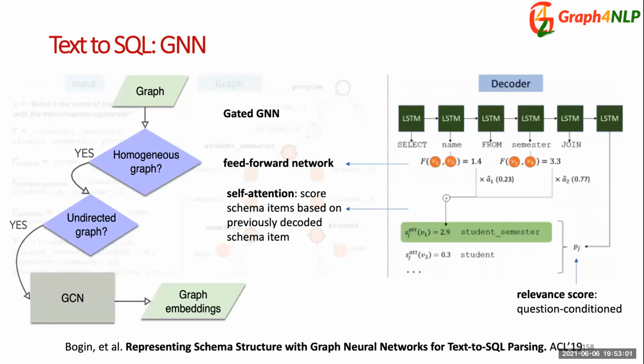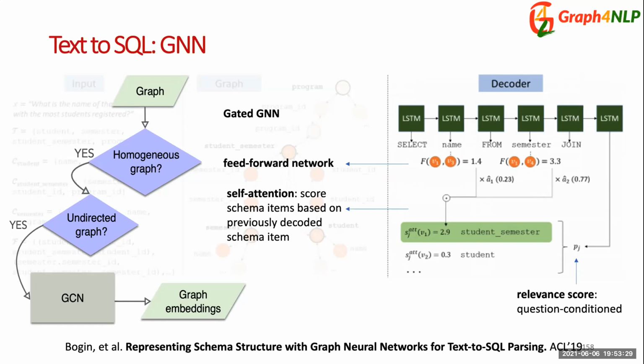Once the graph is constructed, a gated GNN is used to learn the graph embedding. In this work, self-attention is used to score a schema item based on its relation to previously decoded schema items. The score of the schema item increases if substantial attention is put on a schema item to which it bears high similarity.